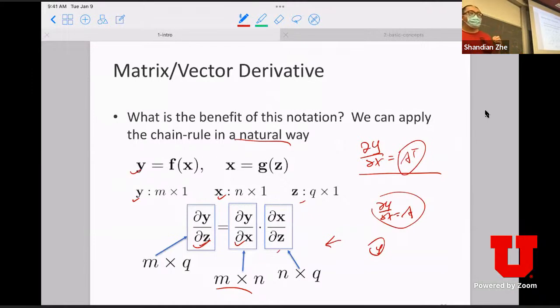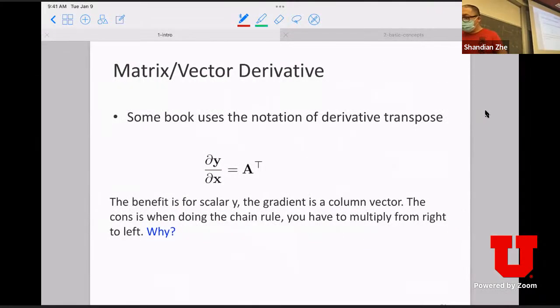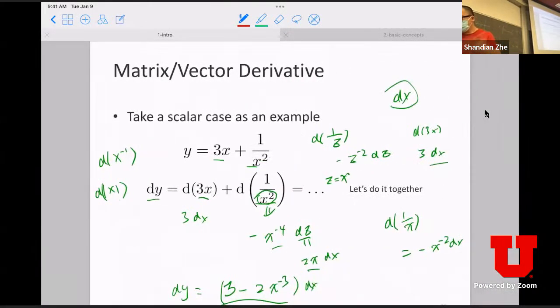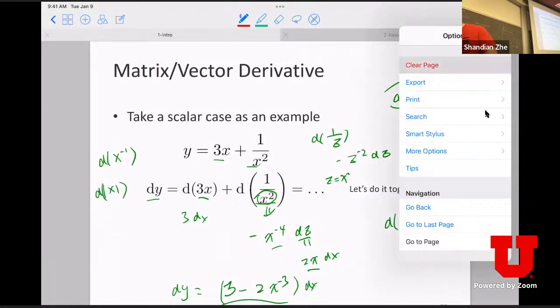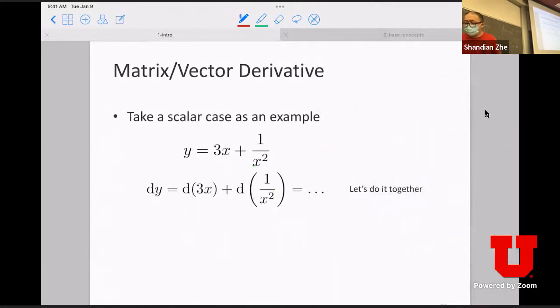It doesn't change the nature of how you calculate the gradient or the derivative, because no matter whether you use A or A transpose, the most important step is to get A, right? So we talk about how to get A. This is some notes we made last lecture. Well, let me clean that. We use this scalar case as an example to show that it follows exactly the same procedure we use for scalar function derivative computation, which we are all very familiar with, right?